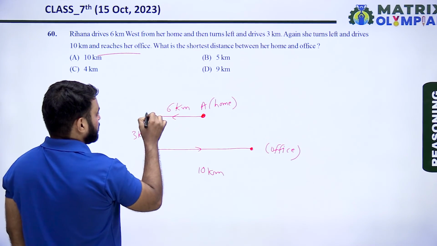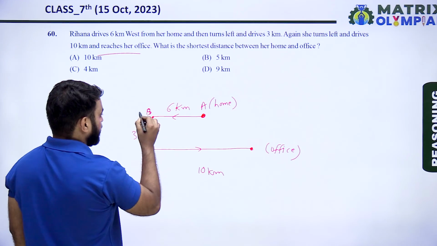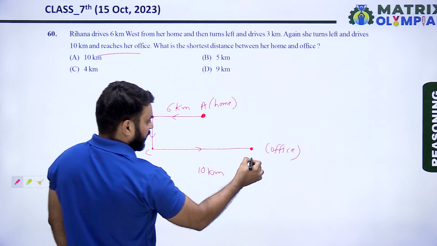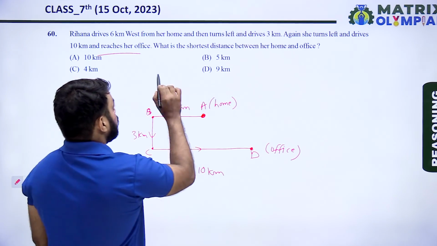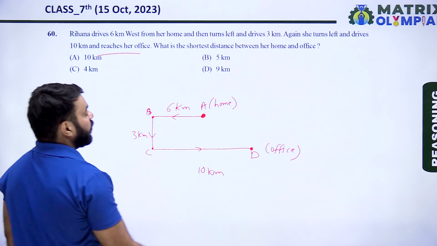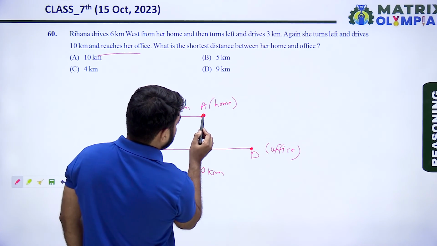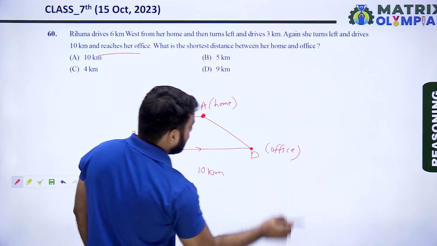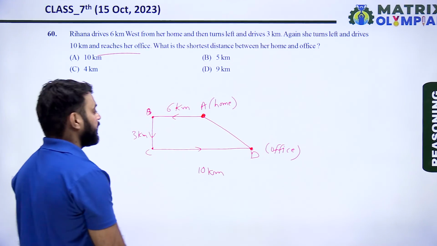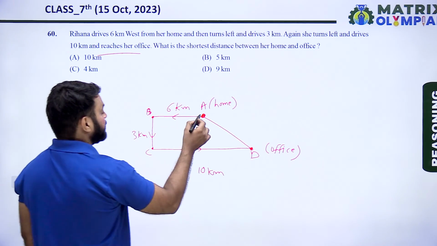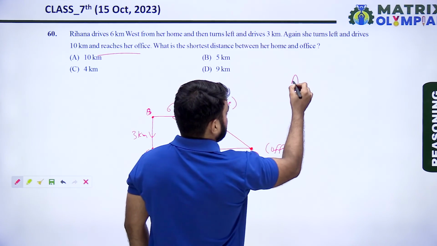So this point is B, C and D. D is the office of Rihanna. So what is the shortest distance between her home and office? Find the distance between A and D, because A is the home of Rihanna and D is the office of Rihanna. So find the value of AD.